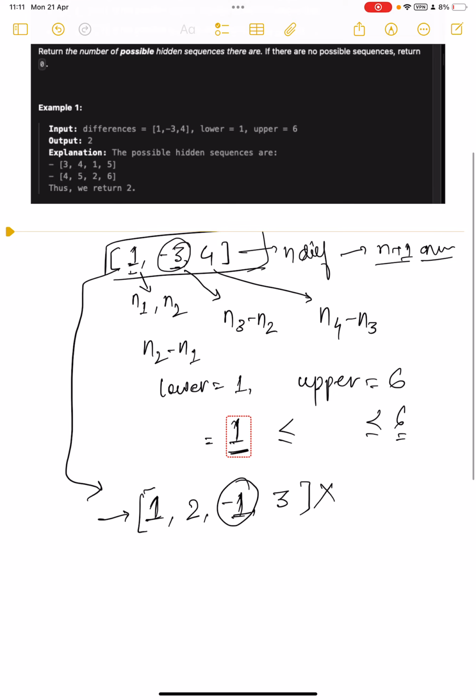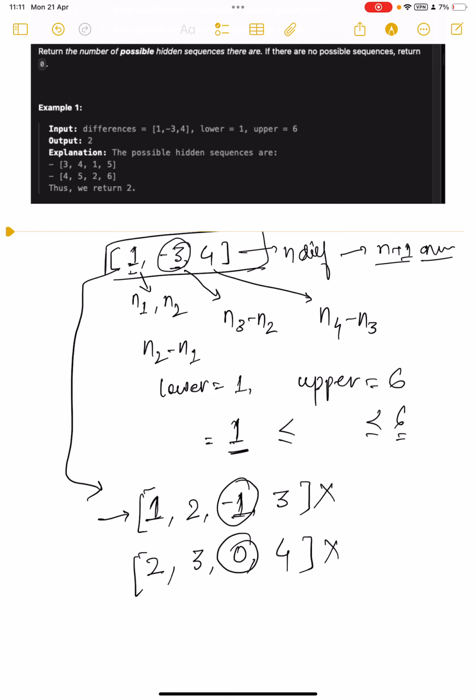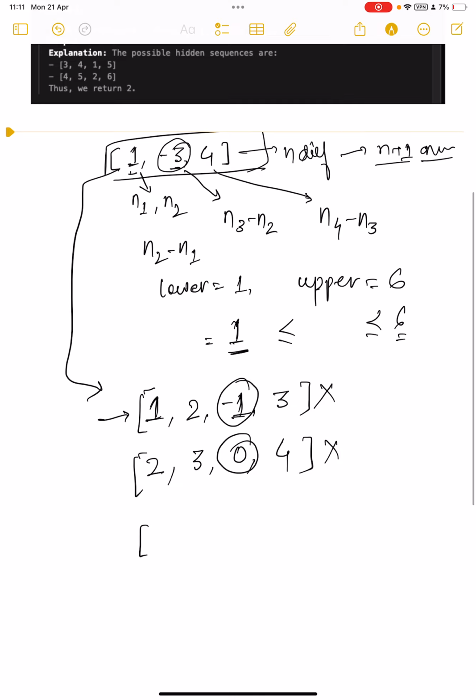Similarly, we try the next number which lies between 1 and 6. So we try with 2, and this goes to 3, and this becomes 0, and this becomes 4, right? Again, you will see this 0 is going out of range, so this can't be the sequence. But if we try with 3, then the next number becomes 4, then the next number becomes 1, and the next number becomes 5.